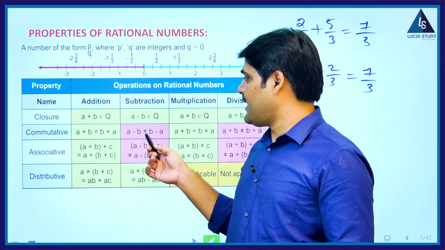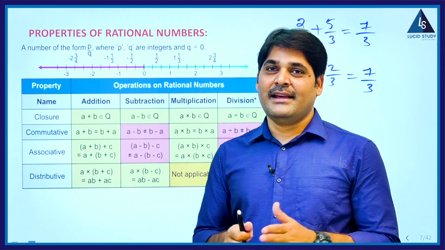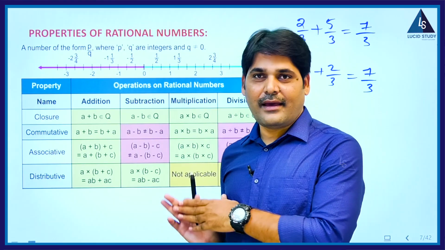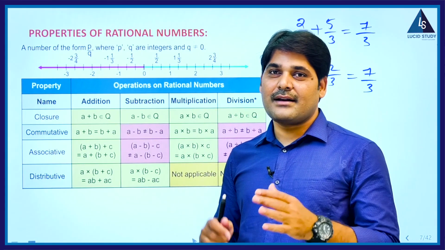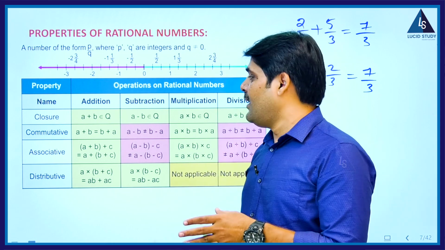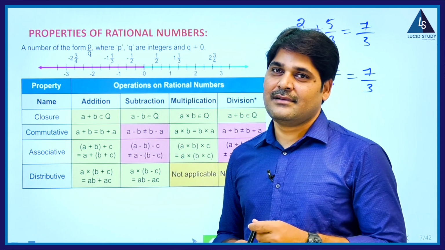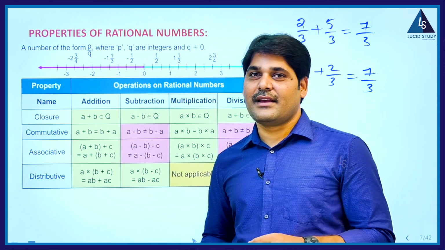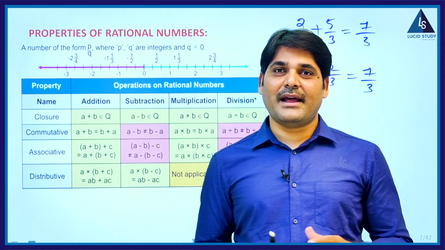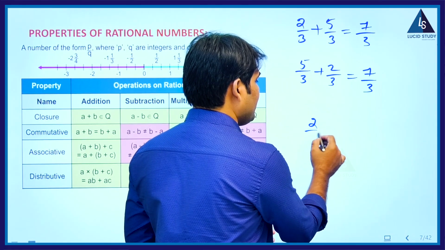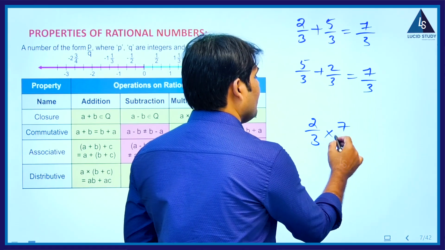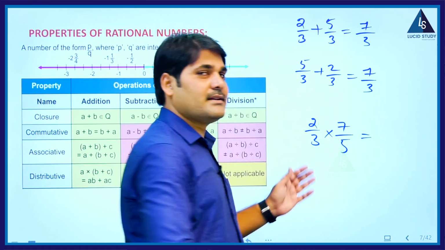But in case of subtraction, it is not possible. See here, subtraction is not commutative. A minus B is not equal to B minus A. So we can say that rational numbers are not commutative under subtraction. Similarly, multiplication: if you multiply two rational numbers in any order, suppose I take 2 by 3 into 7 by 5, what is my answer?